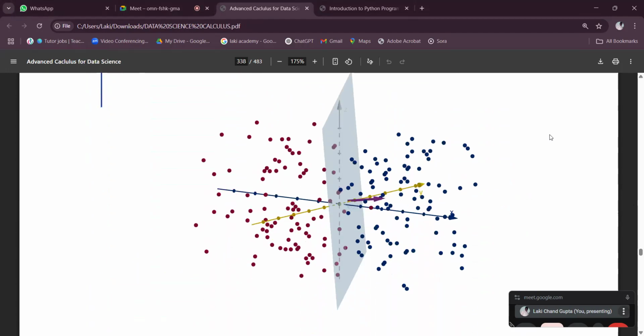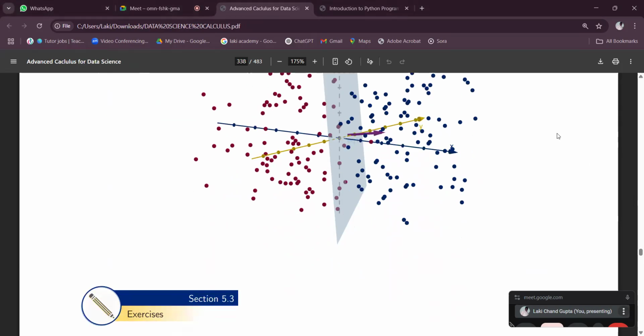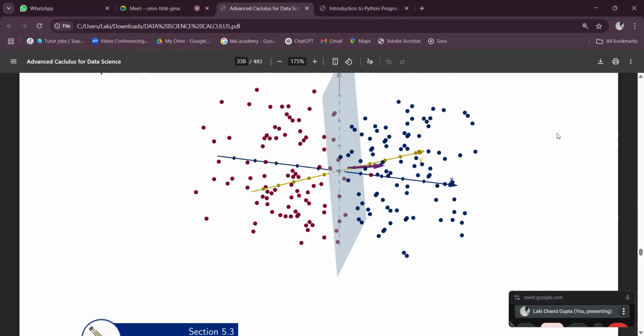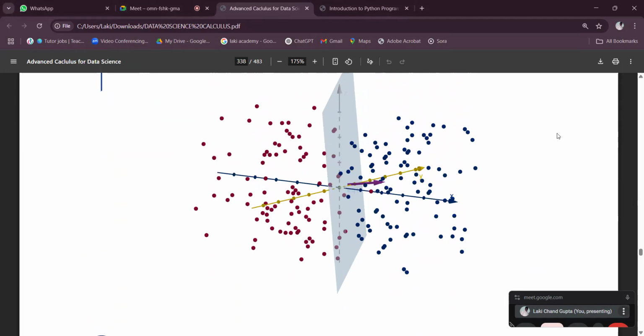Okay. So you can see there are three types of data there. One is in blue color, one is in dark red color, and one is in yellow color. And what do these represent? You cannot see it here, but this is actually represented in a support vector machine.